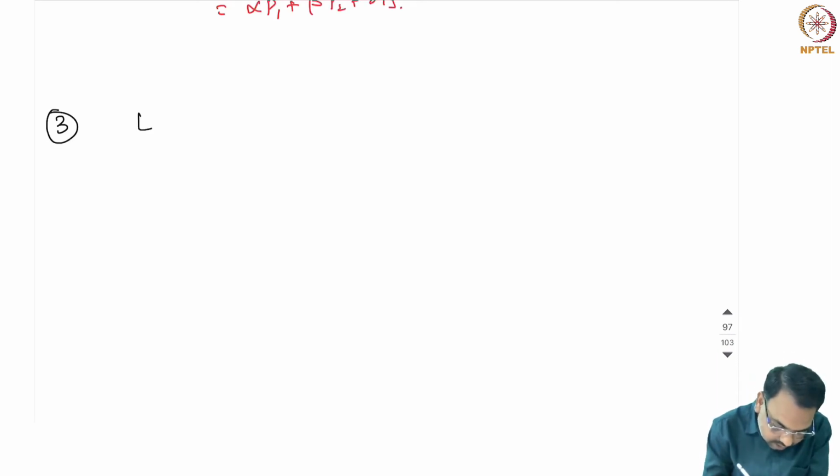so let us take T to be a self-adjoint and compact operator.